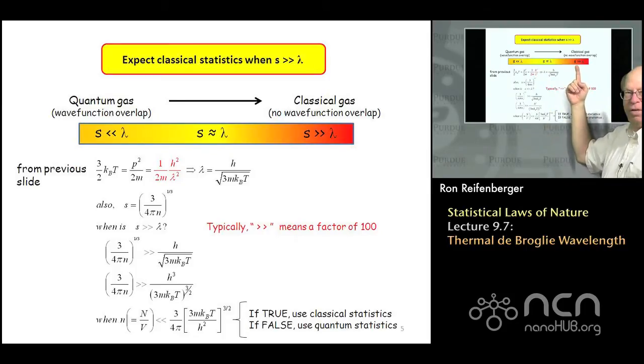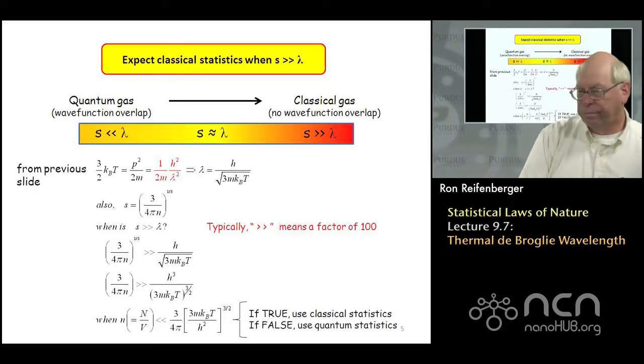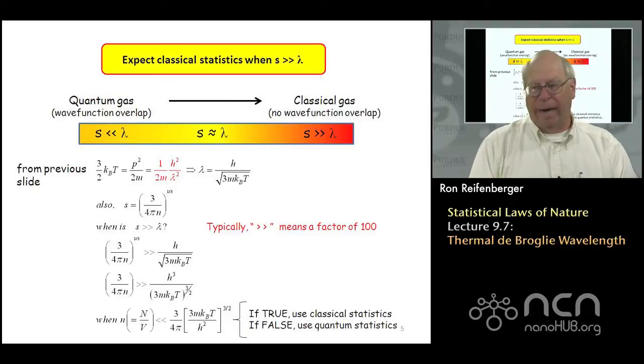On the other hand, if the interparticle separation is much, much greater than the wavelength lambda, then the particles are distinguishable, and you can get by with classical concepts. And then there's, of course, a transition region where S is on the order of lambda, and so you go from a quantum regime to a classical regime. It's a continuum, right? There's no hard and fast boundaries here.